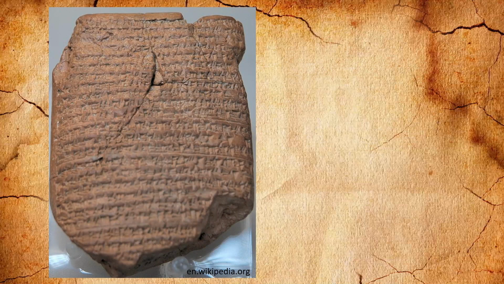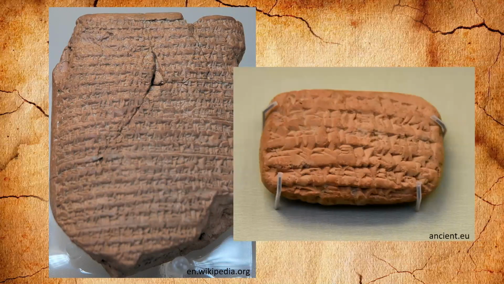Also, from this same exact time frame, we have this particular tablet, which is essentially a receipt for a donation, a gold donation to the Temple of Marduk in Babylon. It's dated to about 595 BC, which is after the first conquest of Jerusalem, but before the second.